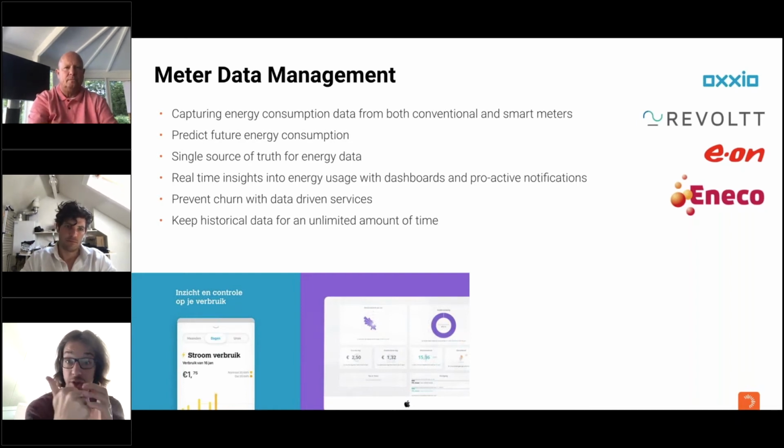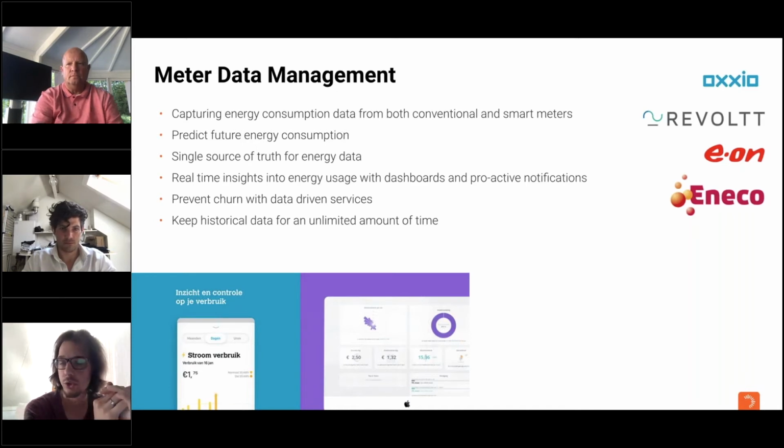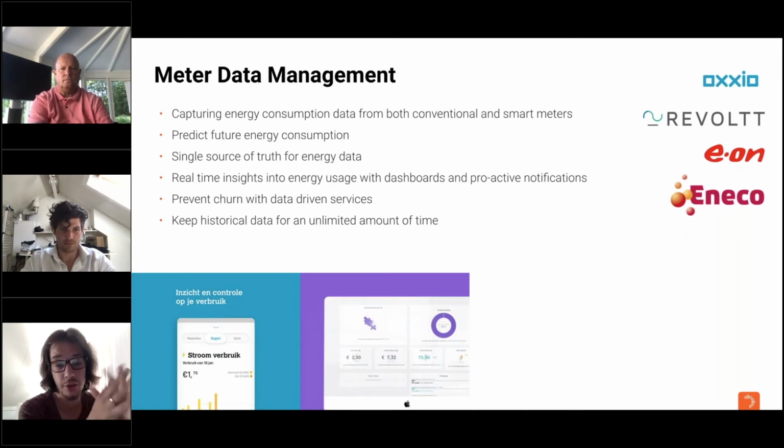One challenge is it's a lot. So where do I store it? How do I analyze it? What type of value can I get out of it? How can I keep it for longer periods of time? Because you don't want to throw it away too soon, because the real value is there when you get a lot of it and you want to, for example, do historical analysis.